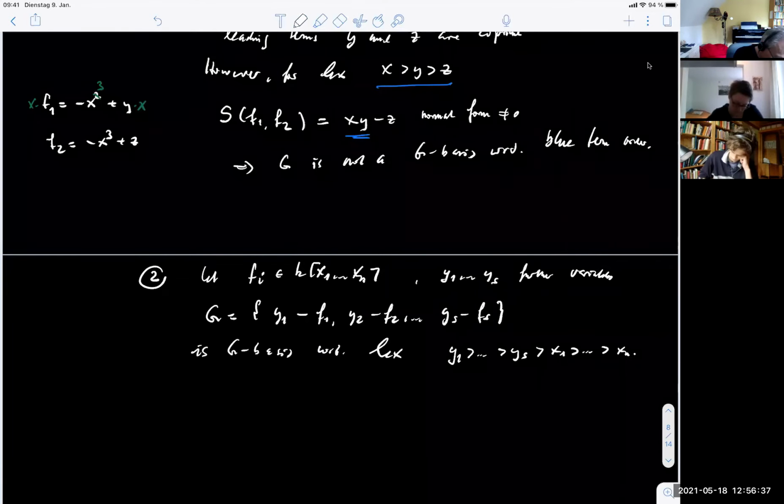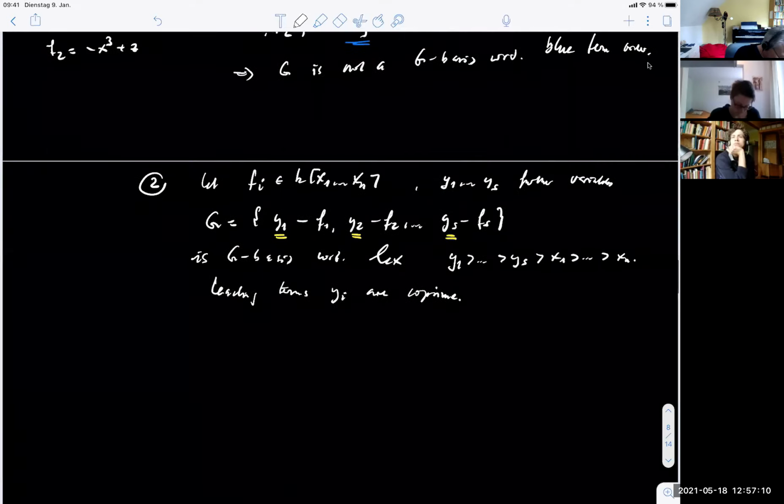Then of course the leading terms are just the y's, and they are coprime. They are coprime, and I can apply the Buchberger criterion. You see, it is really useful to have this criterion.